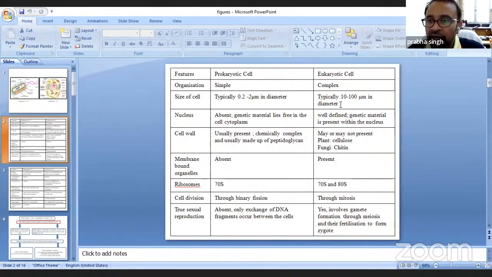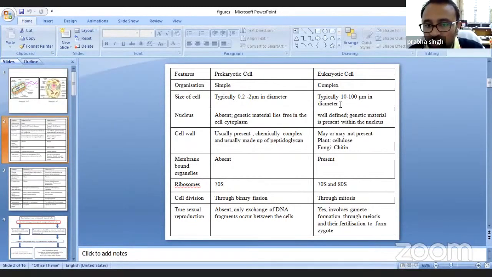But like in the case of eukaryotic system, we have a defined mechanism which forms gametes, that is meiotic division. Then we have fertilization to form a zygote. Such processes are absent in the case of prokaryotic cell. Just movement of DNA fragments. Certain regions of the DNA are moved from one bacterial cell to another bacterial cell.